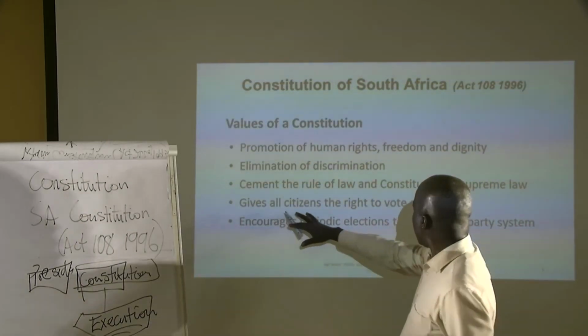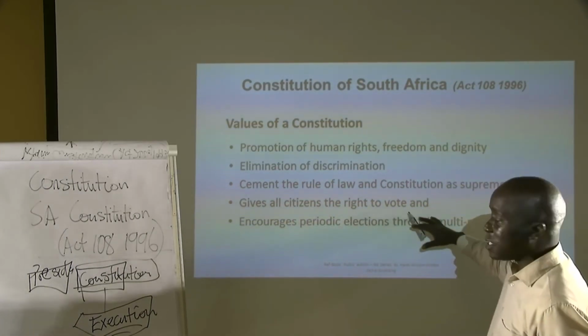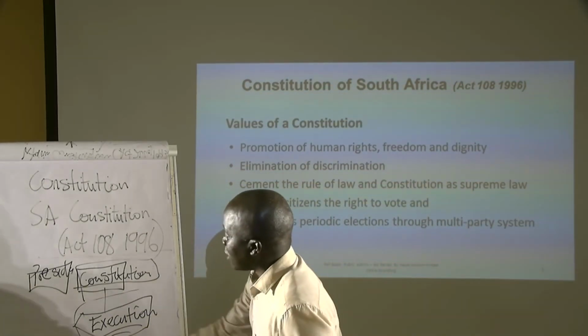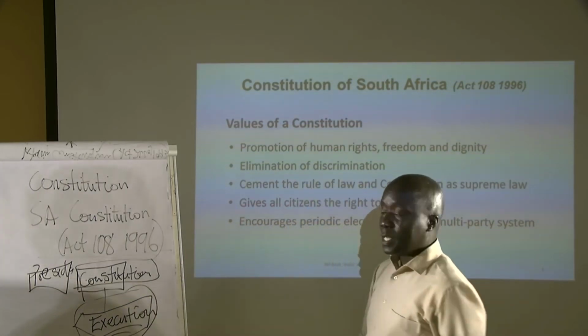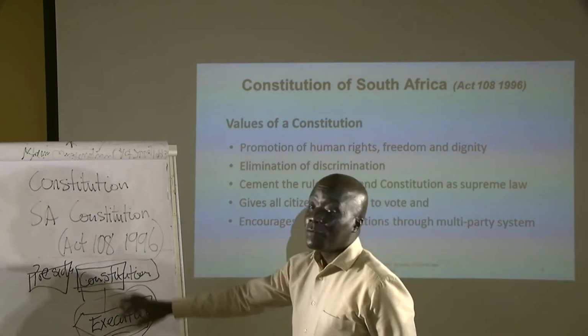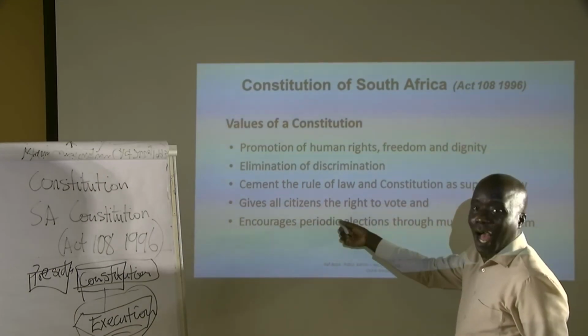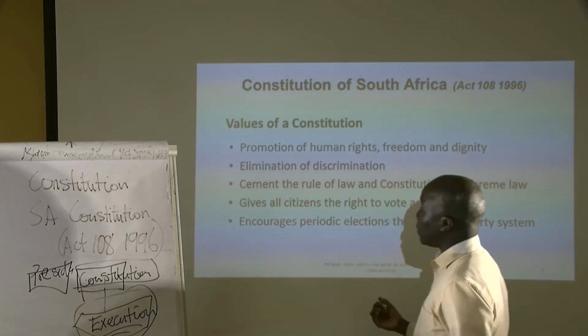A constitution should give the citizens the right to vote, meaning that at any given stage the president or the cabinet can be removed, because when things are not going right, the citizens have a means of removing the people.